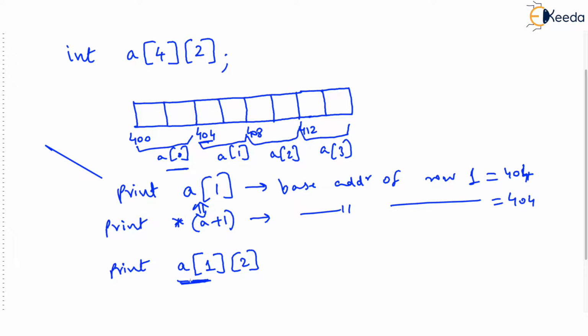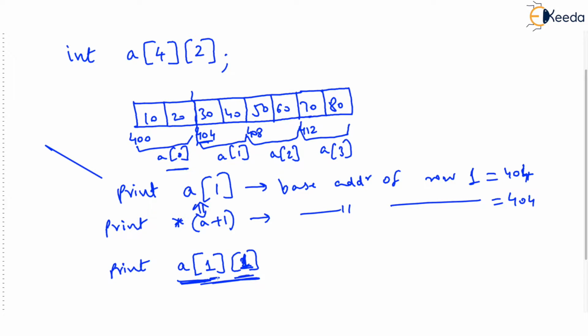I want the value stored in the first row and second column. Now imagine that the values stored are 10, 20, 30, 40, 50, 60, 70, 80. Imagine this. What is A12? It is the value stored in the first row. Remember, the first row starts from 404, correct? And sorry, this is not 2, this is 1, A11, sorry.